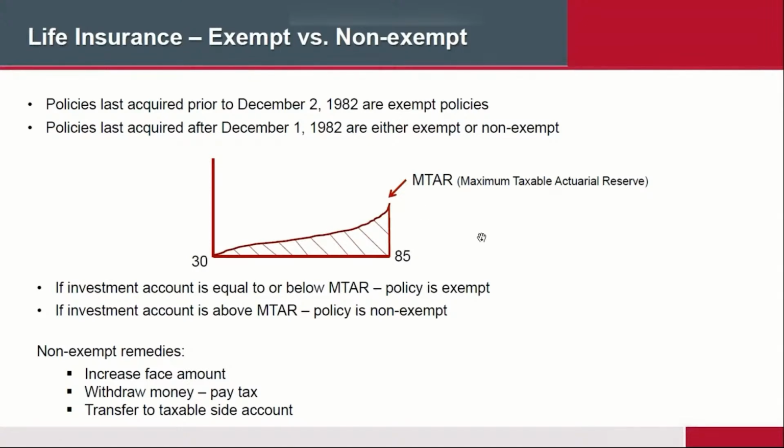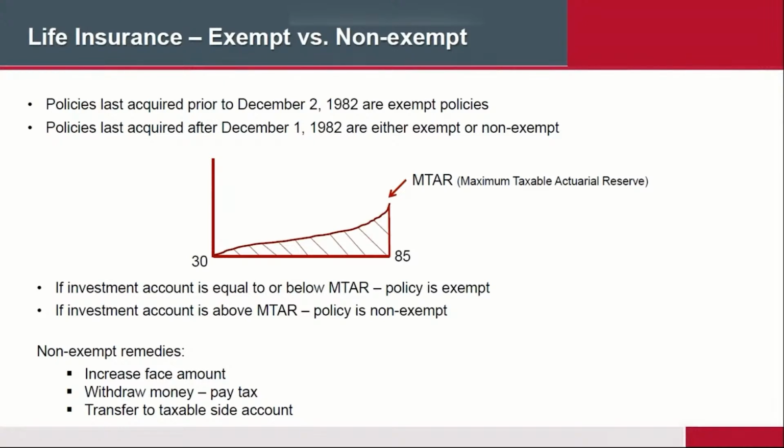So basically what we're saying is that as long as the amount of money in the investment account is equal to or less than, in other words, below that line, so this part here, then the product is exempt. And so therefore, whatever earnings are in there will stay exempt. So no T3s, no T5s, nothing like that at all.